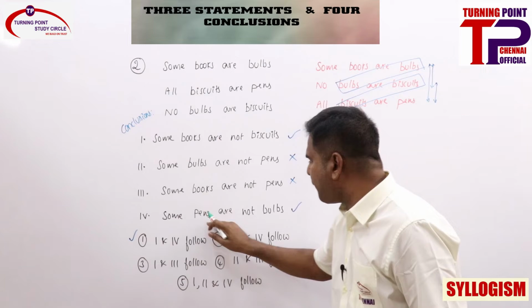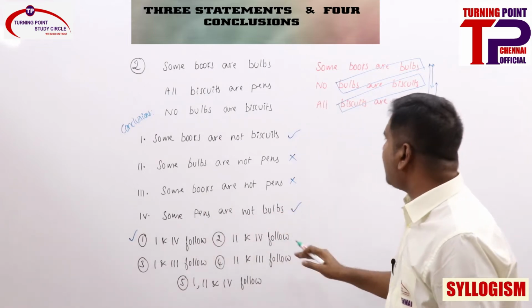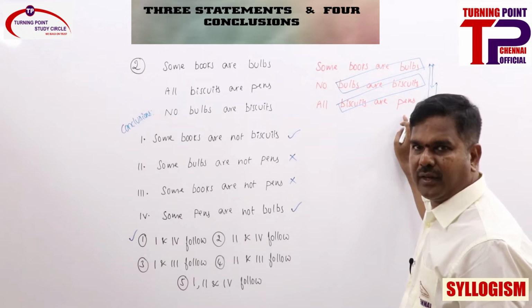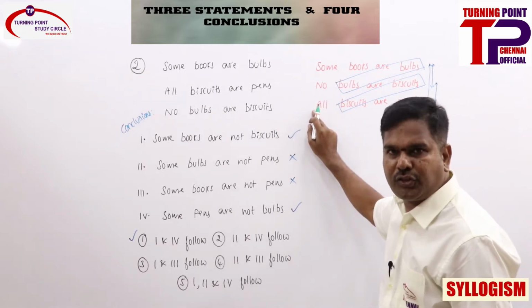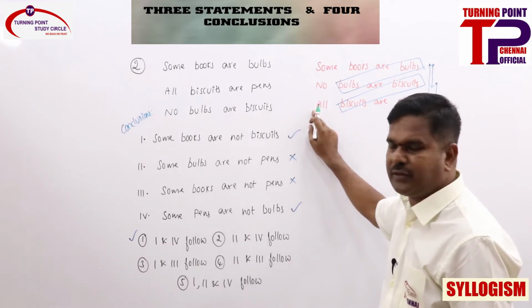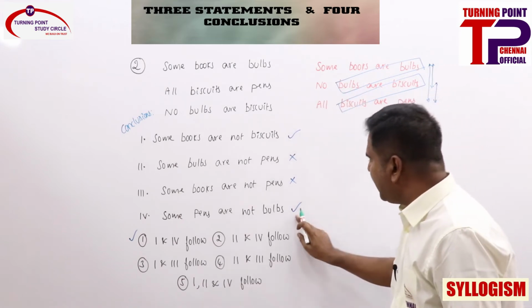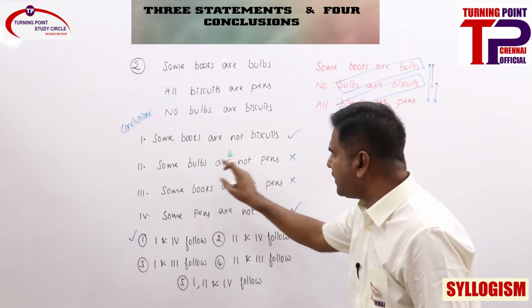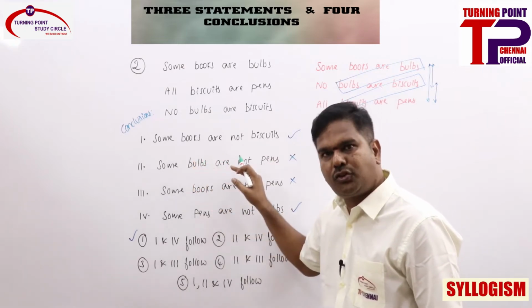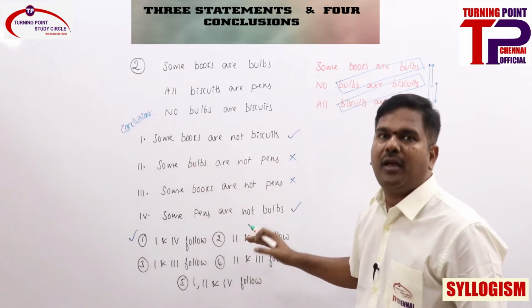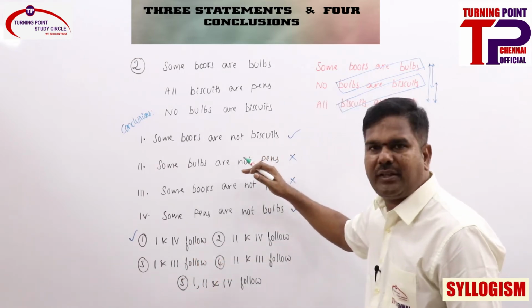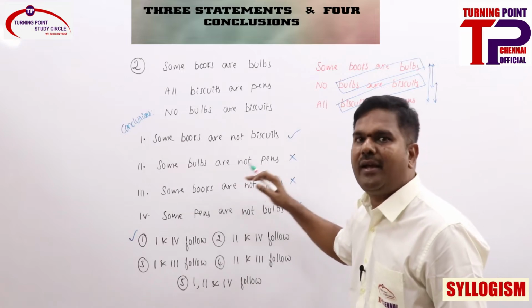Fourth one, see: some pens are not bulbs. Where are pens and where are bulbs? Again 2 and 3. So what is E plus A? O star. O star means O reverse. O reverse means some pens are not bulbs. Yes, some pens are not bulbs. Whenever you are checking pens and bulbs, in the second conclusion you should have checked for the fourth also. But to make it clear, I am going ahead step by step, each conclusion only once.